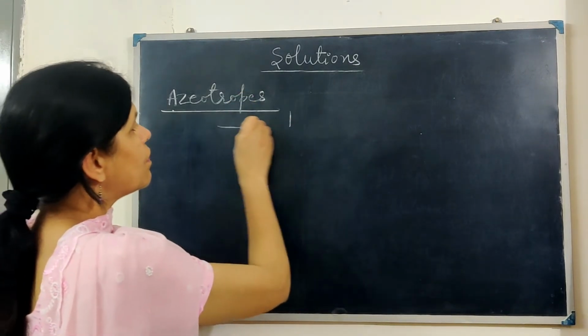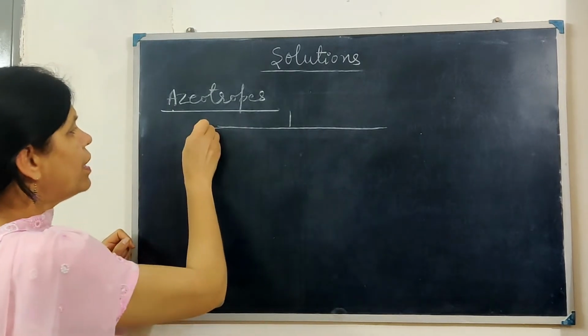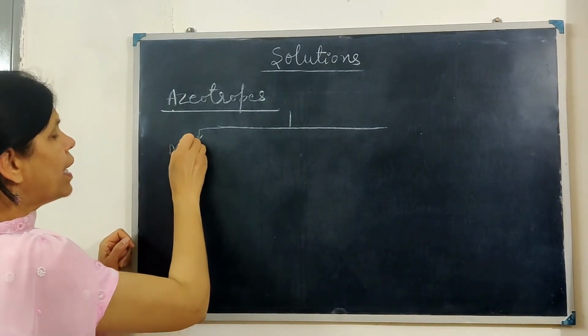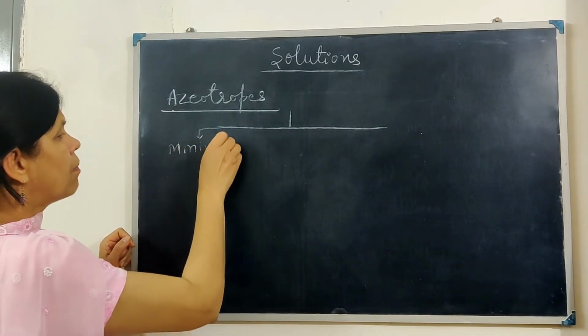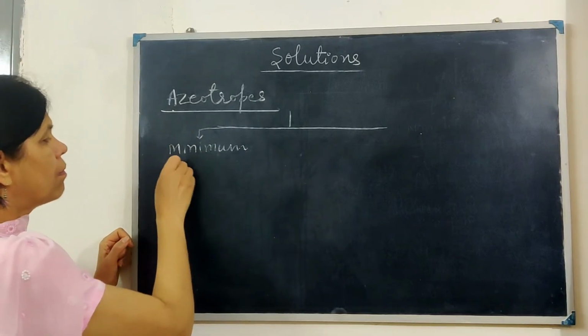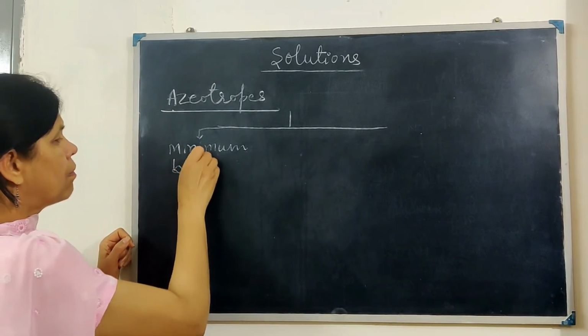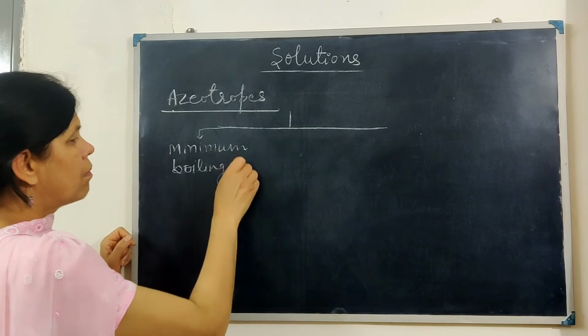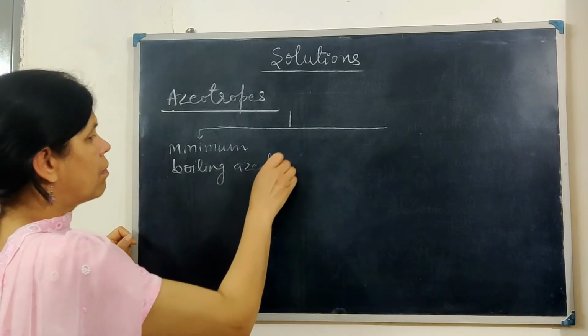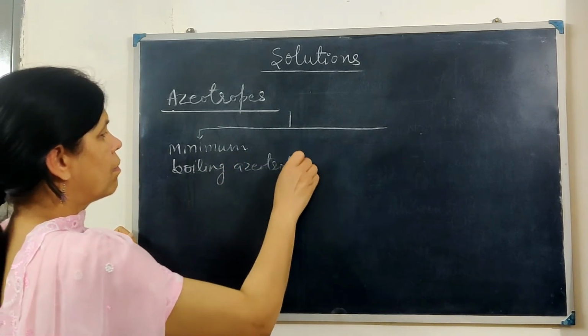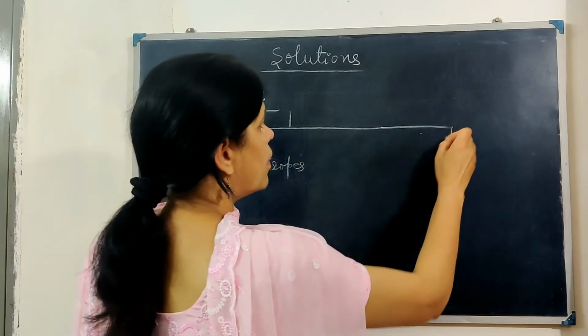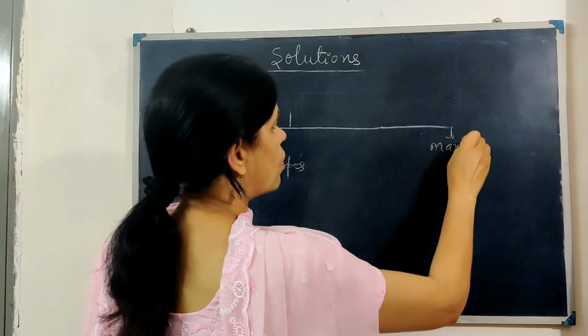Azeotropes are classified into two. One is minimum boiling azeotrope, and another is maximum boiling azeotrope.